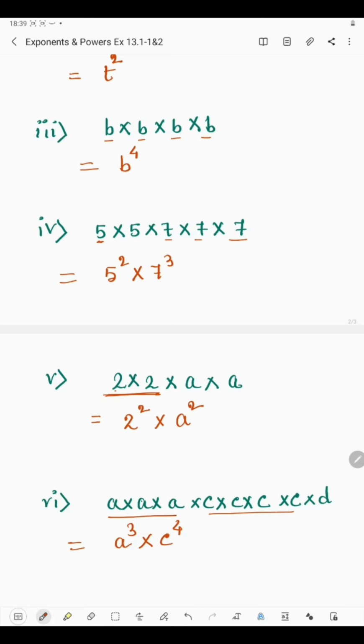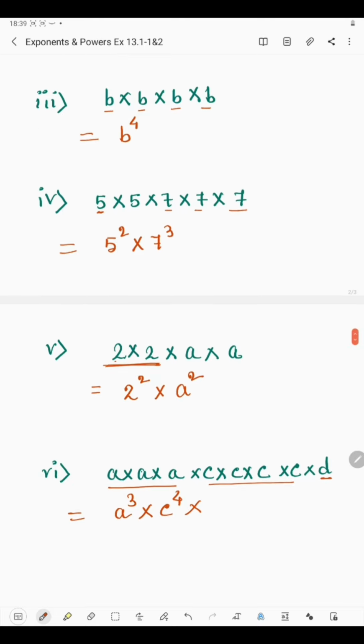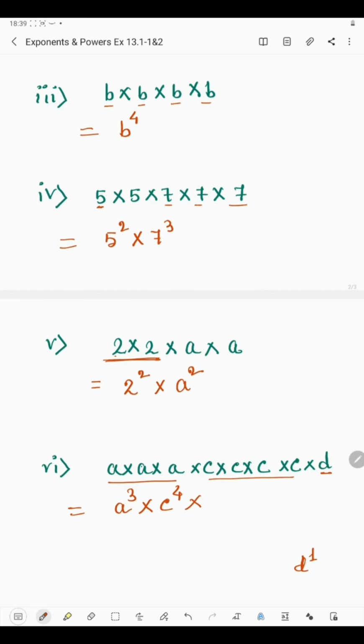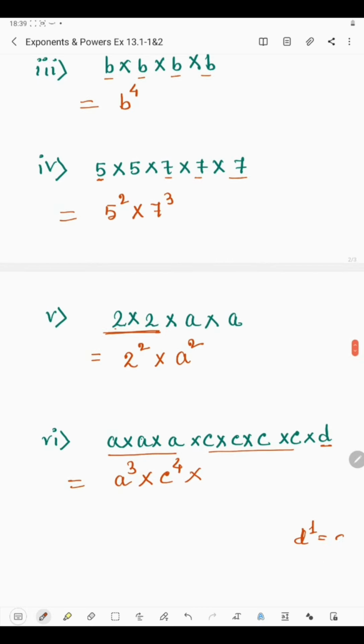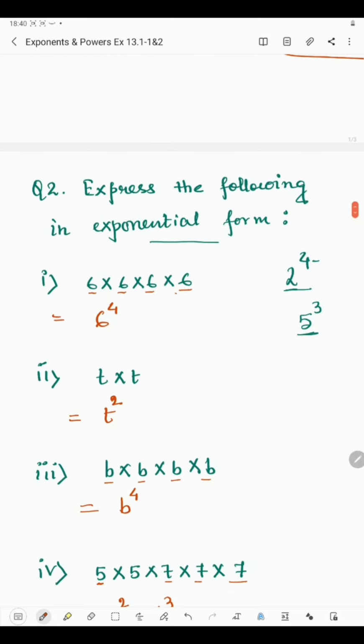Now here we have 1 d, so this d can be written with power 1, or you can write only d. So the answer of the sixth part is a cube multiplied by c to the power 4 into d. So this was all about question number 2. Thank you, students.